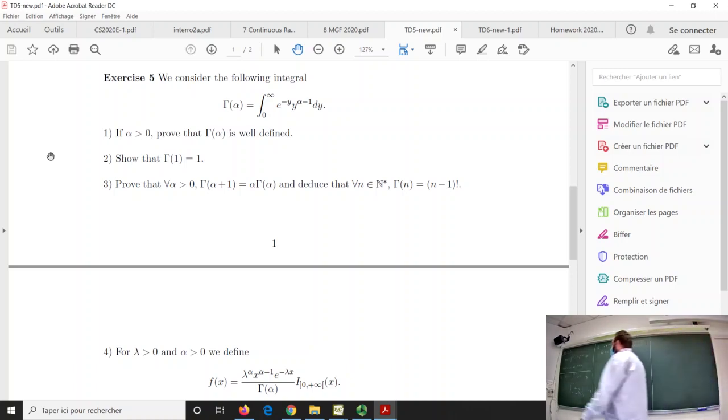And typically here, I have done the job in question 1 to be sure that I will be able to compute the integrals involved in the exercise, okay? So alpha strictly positive, alpha plus 1 strictly positive, so gamma of alpha and gamma of alpha plus 1 are well defined.